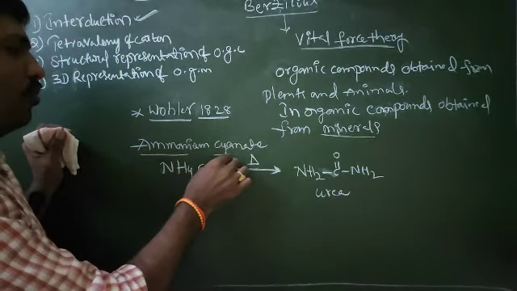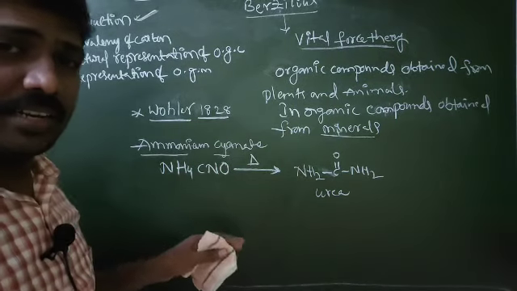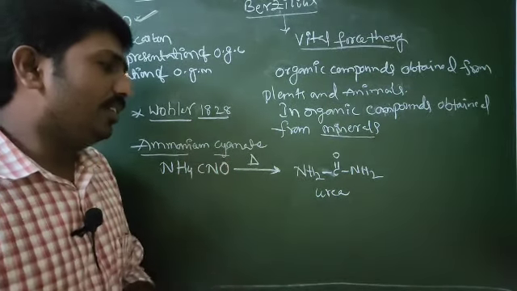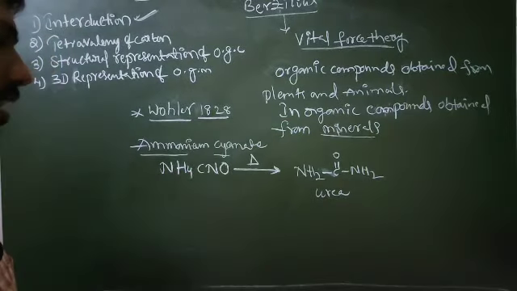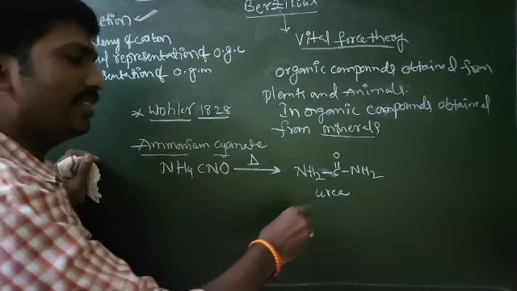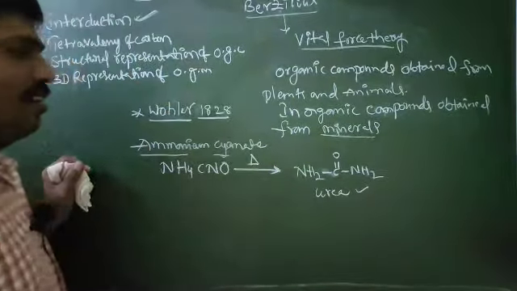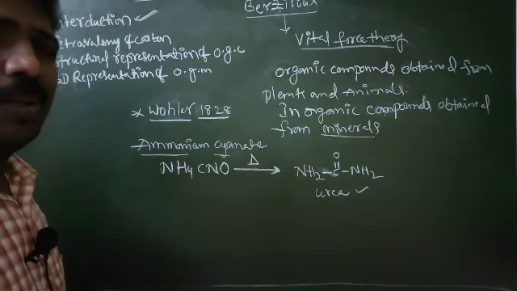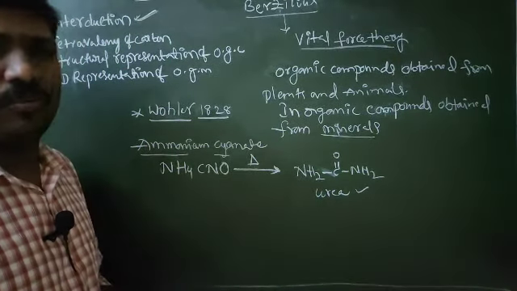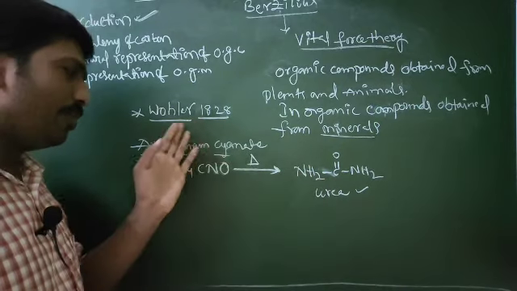From ammonium cyanate, on heating in the laboratory, he produced urea. So this is the first organic compound made from an inorganic compound. An organic compound was prepared from an inorganic compound.